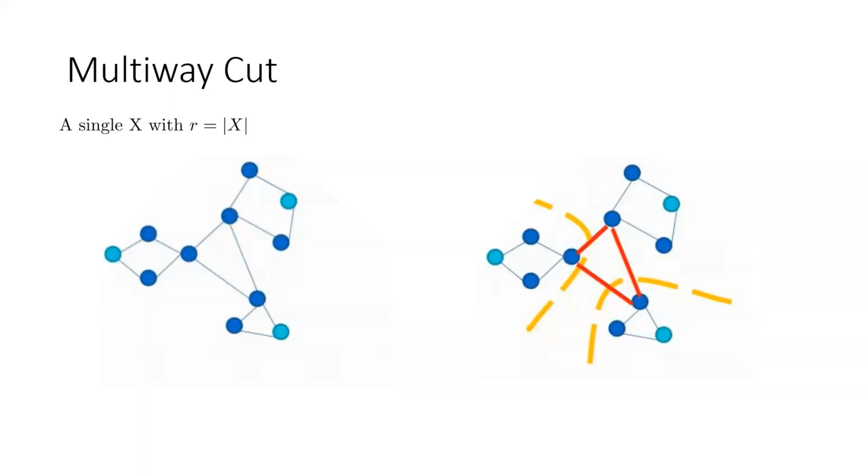Our goal is to separate all the terminals in the graph from one another. And if we look at the image to the right, we can see that if we remove the red edges, we achieve that goal, and we also want to achieve it with a minimal weight of the edges we remove.